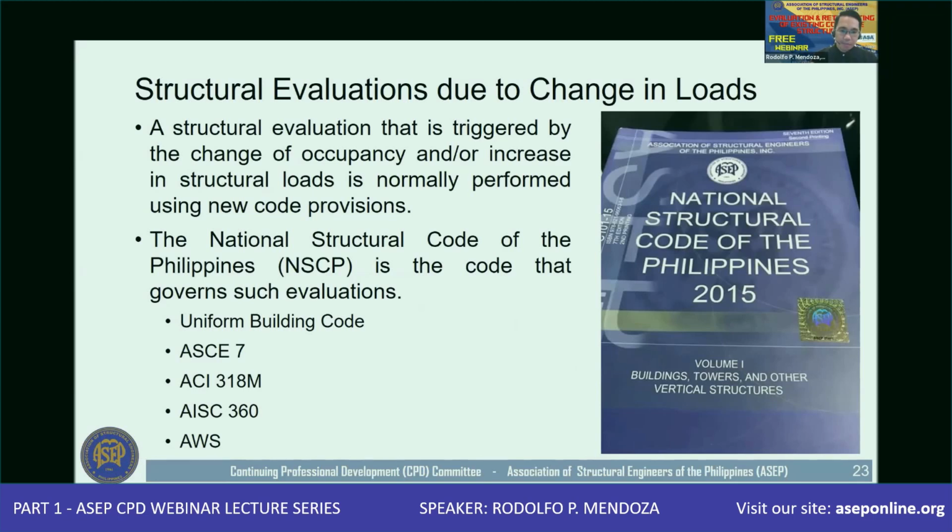So basically, whenever there is some evaluation triggered by the addition of floor area or addition of a story, then normally we use the new code provisions in order to evaluate if the existing structure can support additional loadings. And of course, we know the NSCP is a compendium of several standards, such as the IEBC for the earthquake, ASCE 7 for wind, and so on.